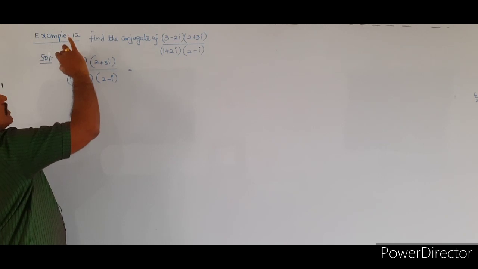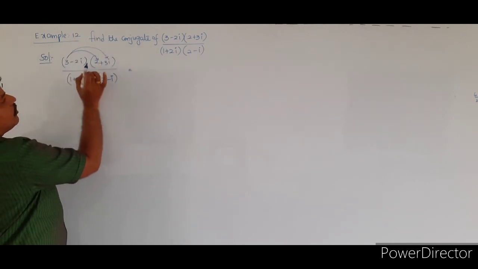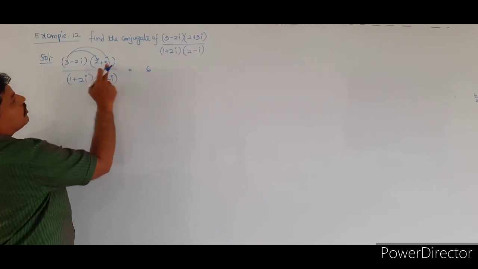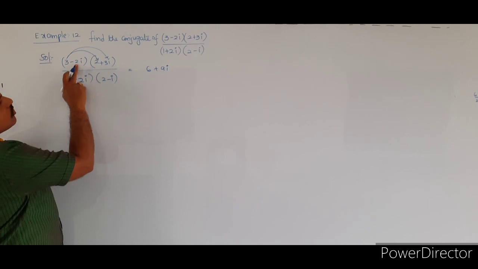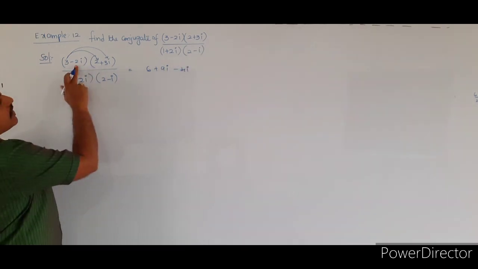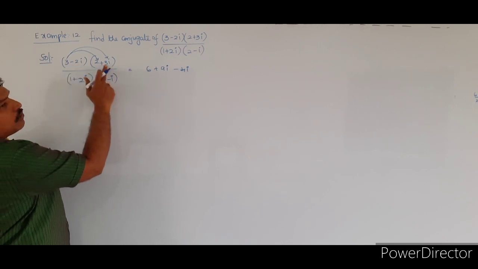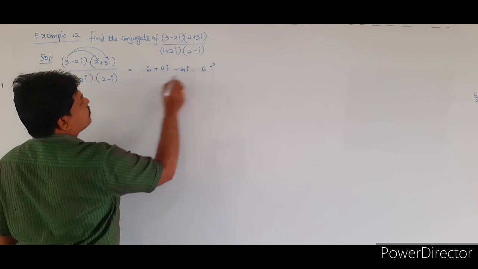First multiply with 3, both the terms: 3 into 2 is 6, 3 into 3i is nothing but 9i. Next multiply with minus 2i: minus 2i into 2 is minus 4i, minus 2i into 3i becomes minus 6i square.